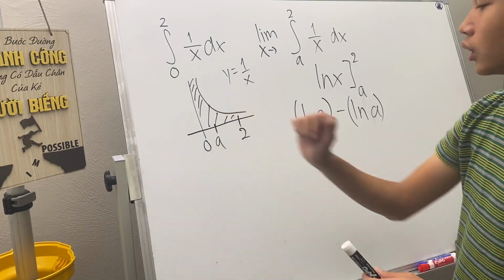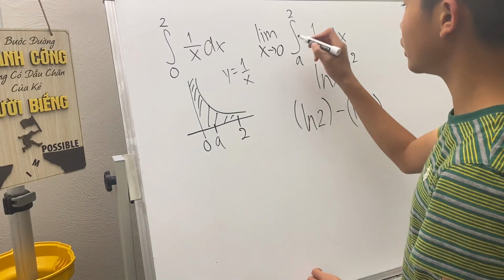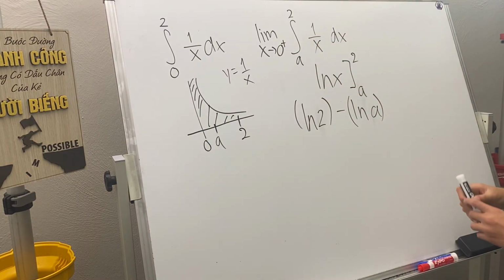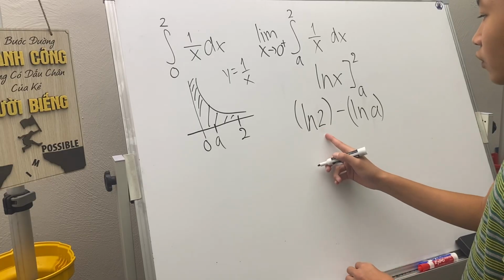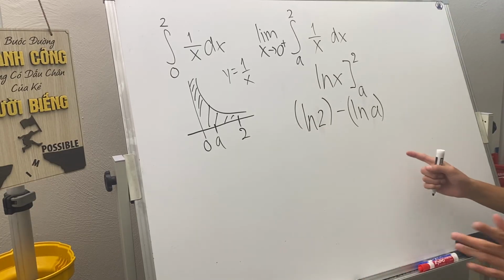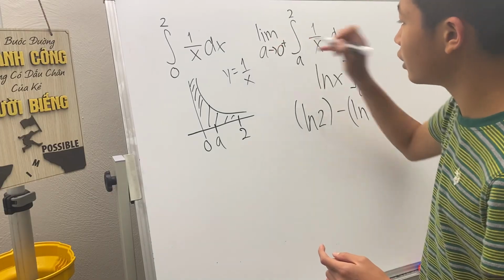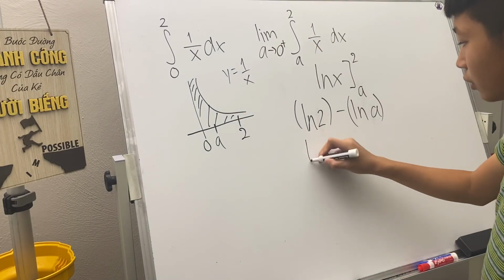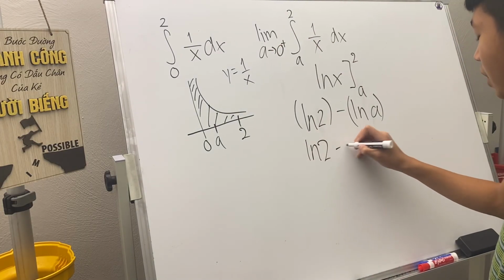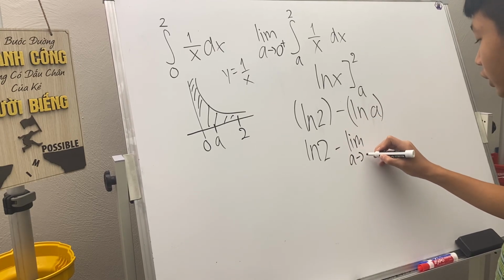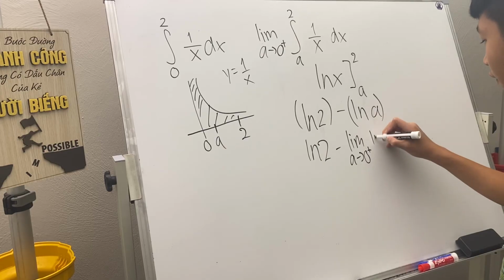On the right side, you write a plus as a superscript on the top, like that. So this is ln 2 minus the limit as a approaches 0 plus of ln a.